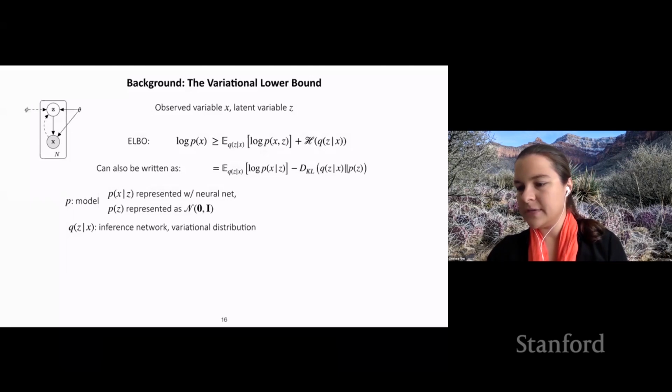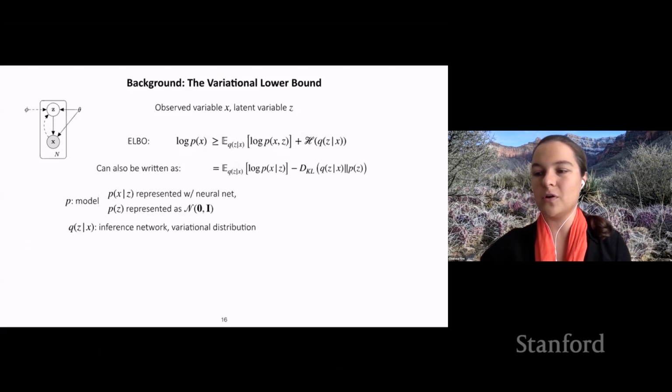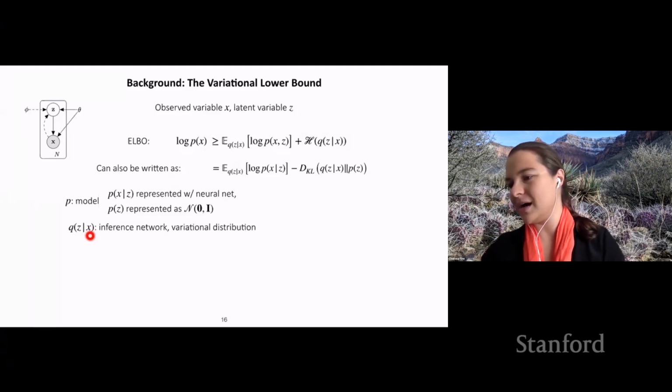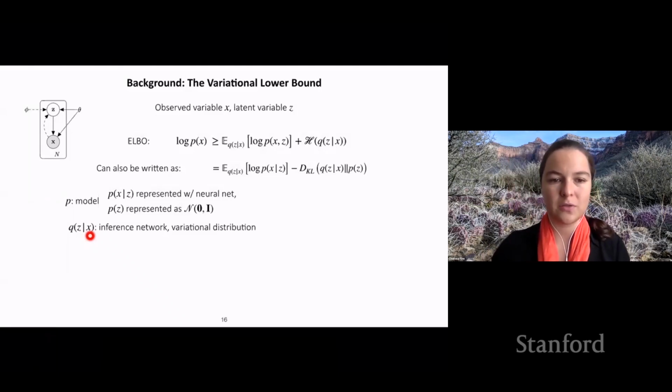And then Q of Z given X is often called the inference network or the variational distribution. You can think of it as something that is trying to infer the posterior over Z given your data point. And again, Q can be whatever you want, but it's helpful to optimize it with respect to your bound.